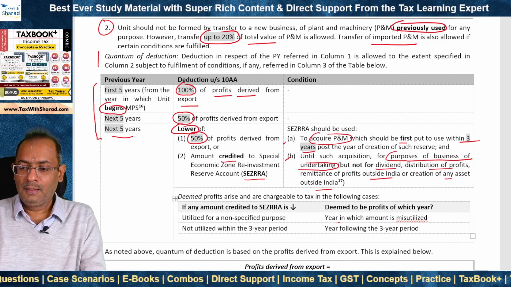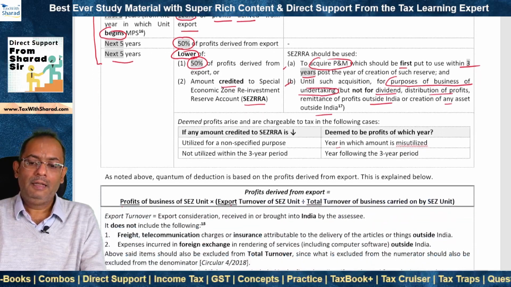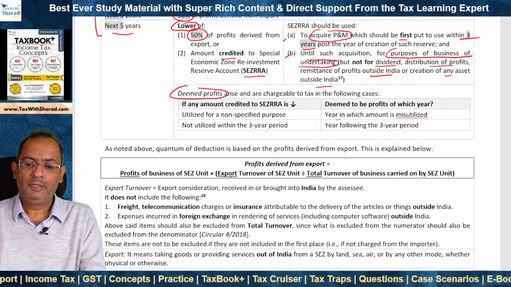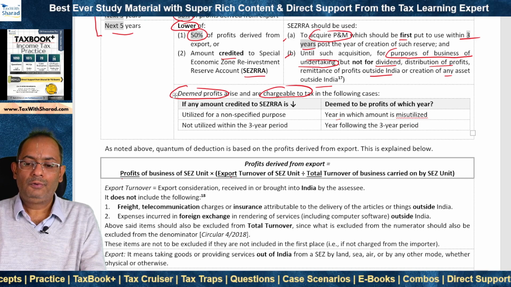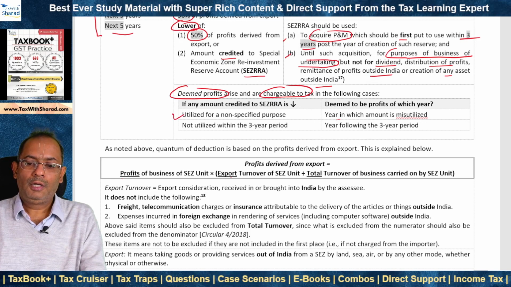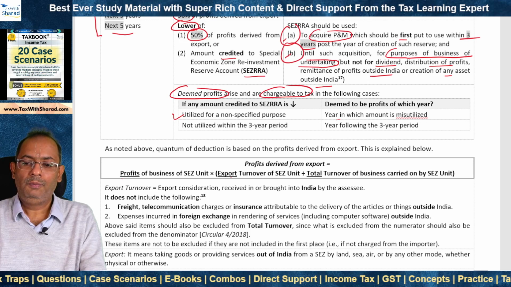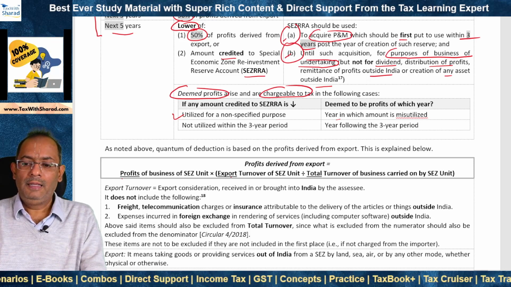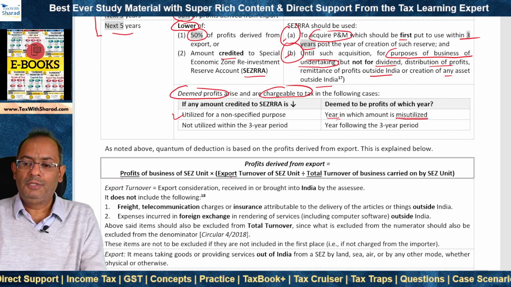Now, if usage is not done in this particular manner, then deemed profits arise which are chargeable to tax. So if the amount credited to SEZ RRA is utilized for a non-specified purpose, that means a purpose other than A or B, then the profits are deemed to be the profits in the year in which the amount is misutilized.